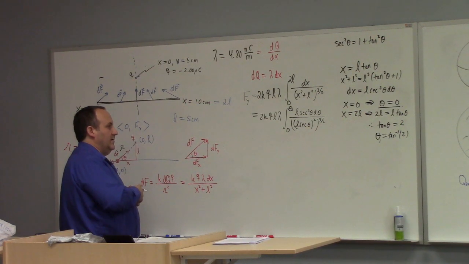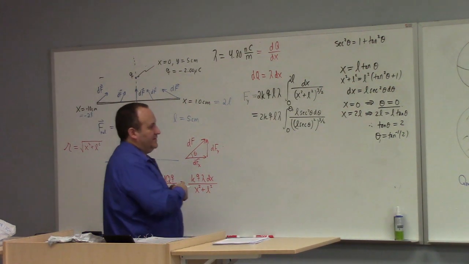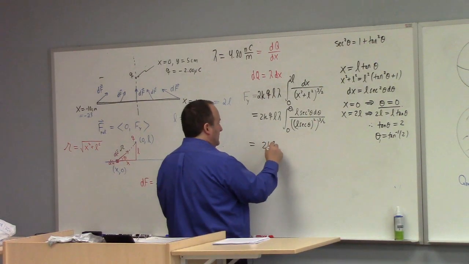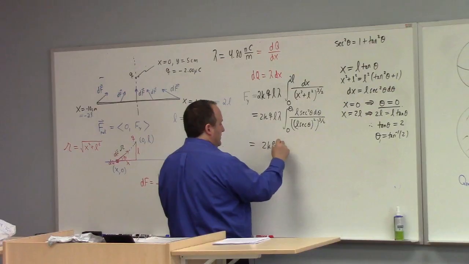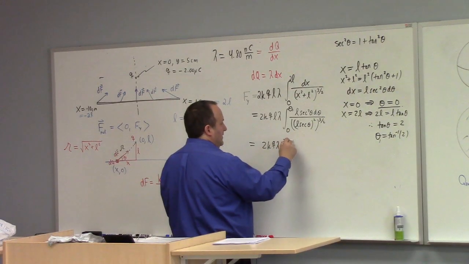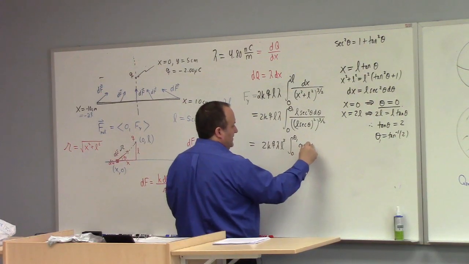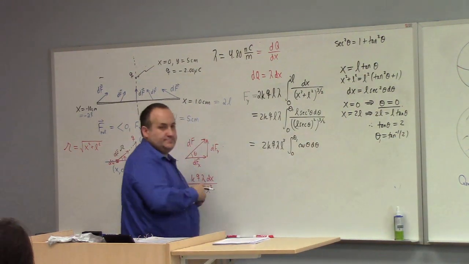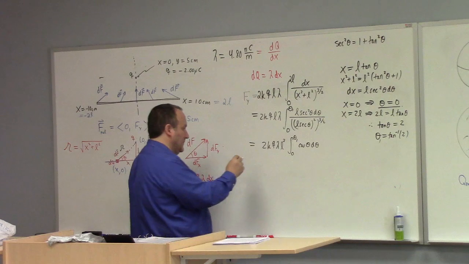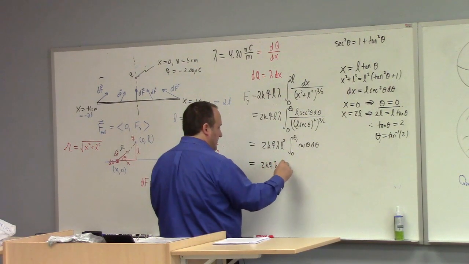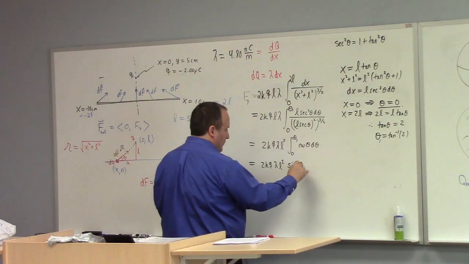Hey, that's 1 over secant theta. Oh, this is nice. So we've got 2kq lambda over little L, integral from 0 to theta 1 of cosine theta d theta, which gives us 2kq lambda over L times sine theta 1.